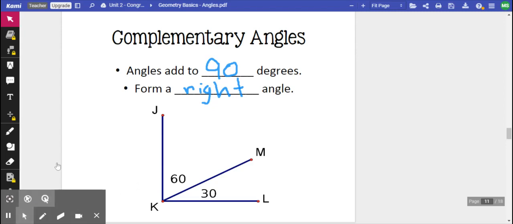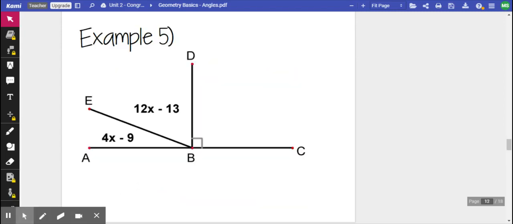We have an example here of a complementary angles problem. And we have a 90-degree symbol here. And that means that this whole angle over here is 90 degrees. So 12x minus 13 added to 4x minus 9 would have to end up being equal to 90 degrees, these two added together.